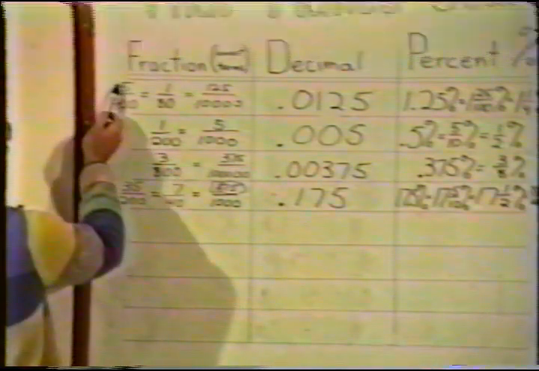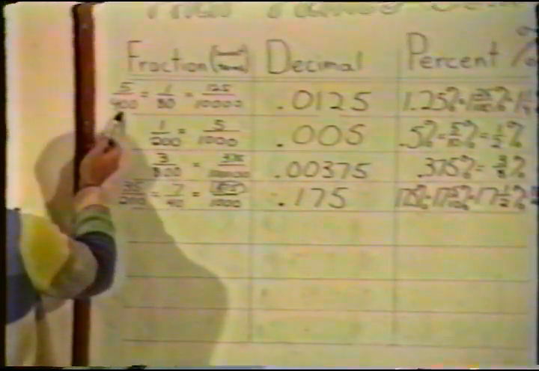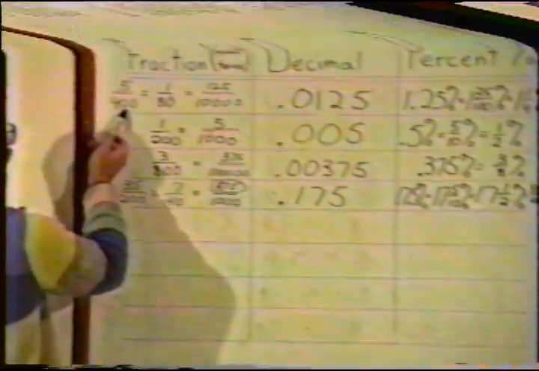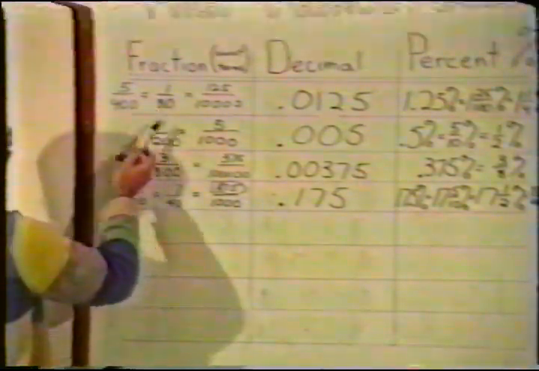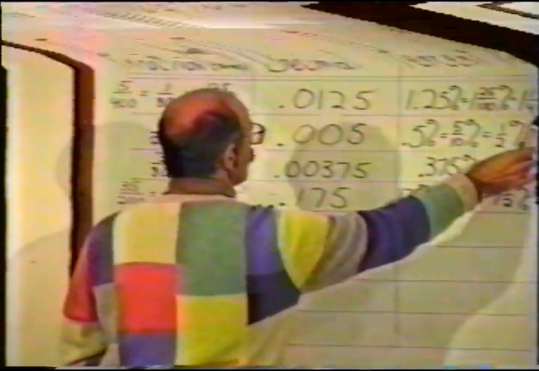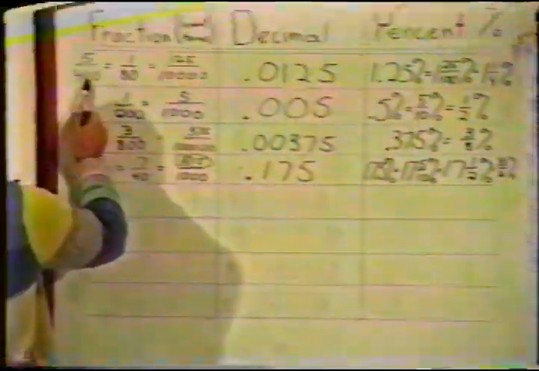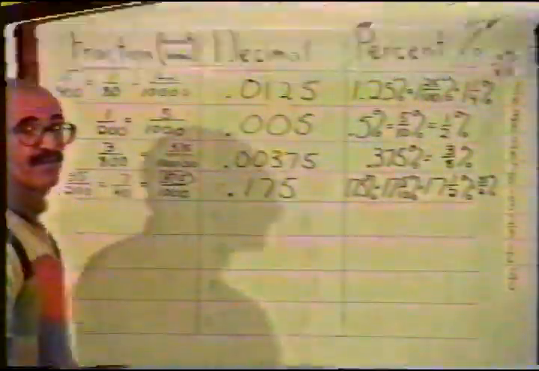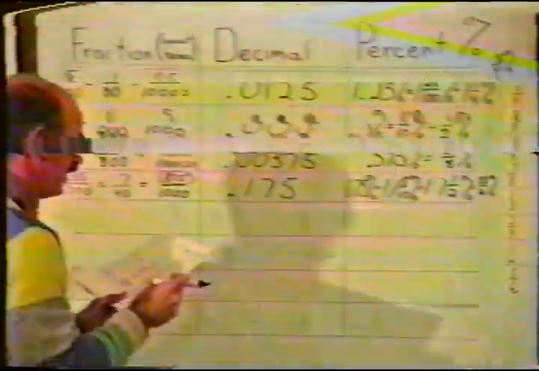Hitting both top and bottom with what number? 5. 5 into 5 is 1, and 5 into 400 is 80, and we could have gone from here to here and then to here without doing all the rest of this work. A very fancy little trick.